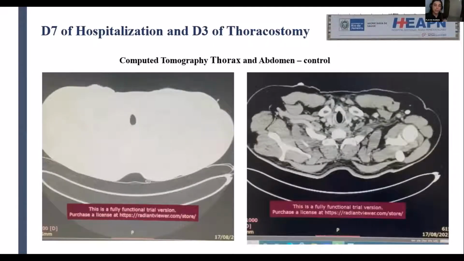So this was the CT control after we put a chest tube to the left.